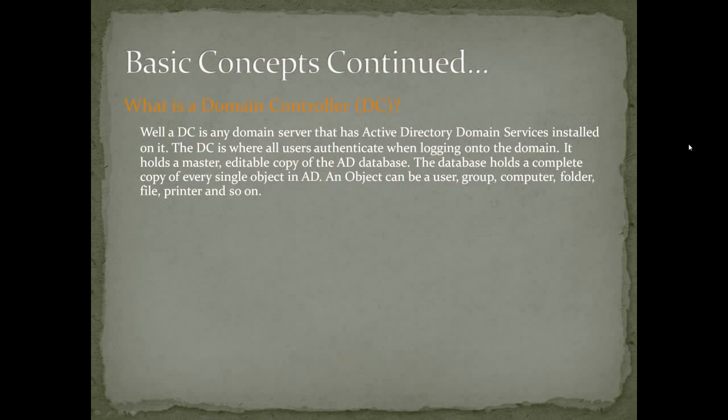And every object has attributes, and you can add attributes if you want to. So there's lots of attributes for, let's say, users. There's lots of attributes, but one they don't have that's kind of common is you can set up a social security number attribute, so that the user accounts will have their SIN numbers in there.